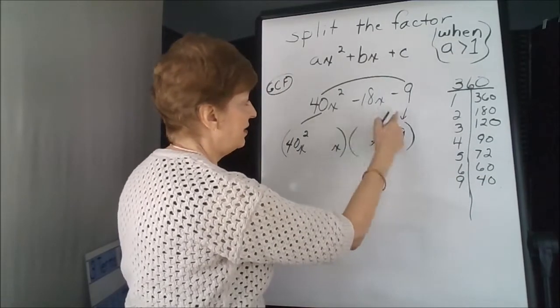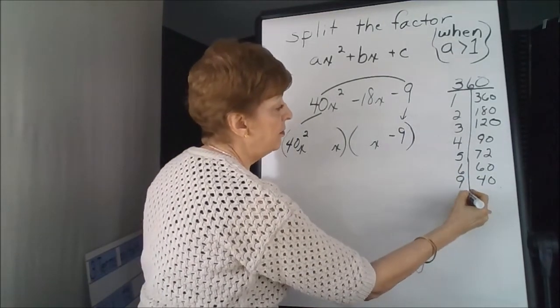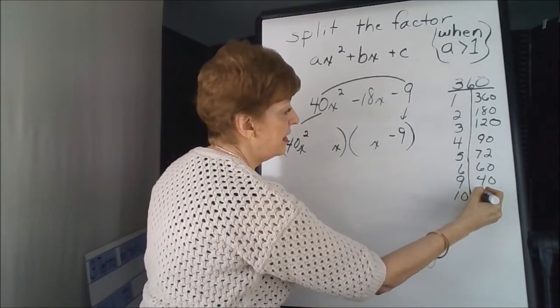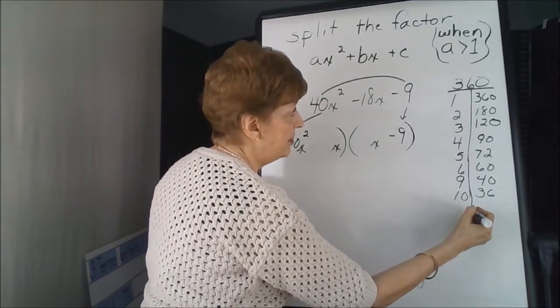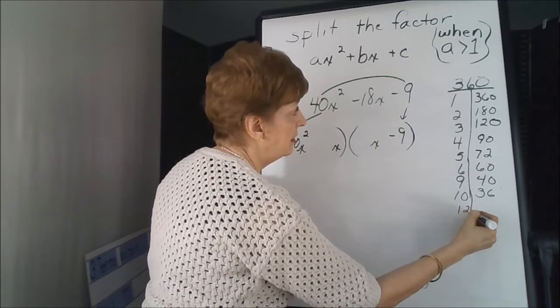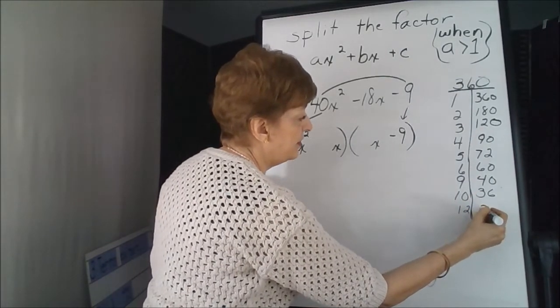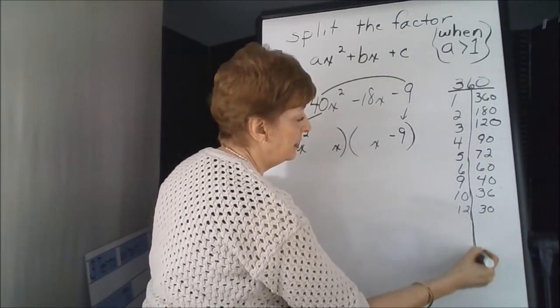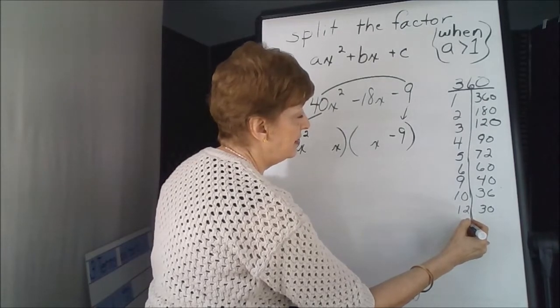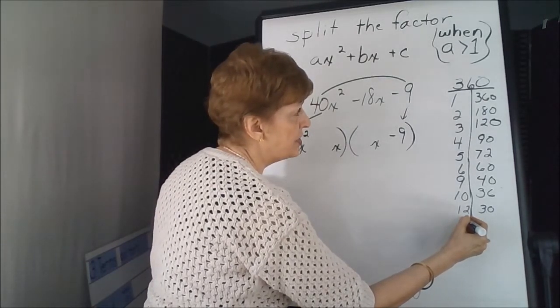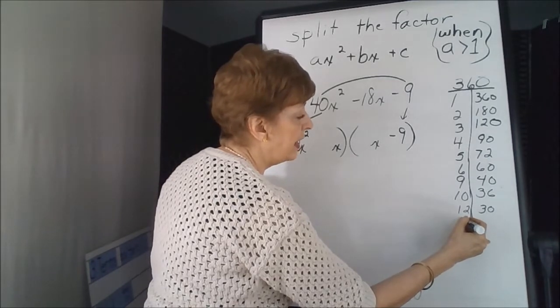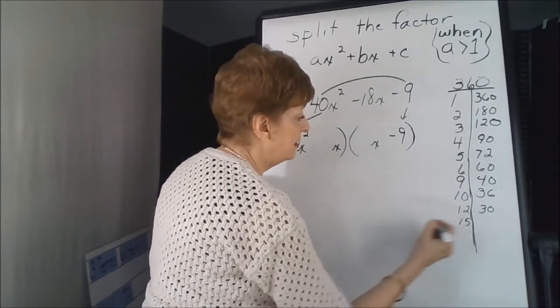That was our factoring here. 10 works. 10 times 36. 11, no. 12 works. 12 goes into 36 30 times. 13, no, that would be 3 times 13 is 39. 14 does not work, and 15 does.